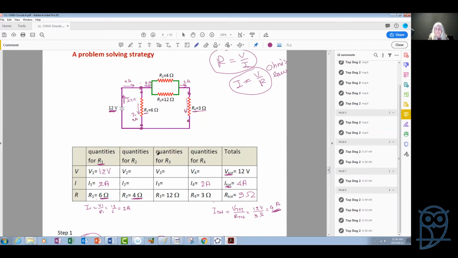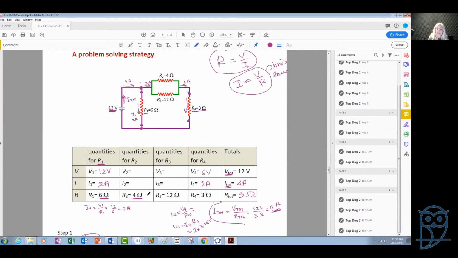Applying Ohm's law, V4 is I4 times R4, and I4 is 2 amperes and R4 is 3 ohms. So 2 times 3 is 6 volts. We found that the potential difference across R4 is 6 volts.